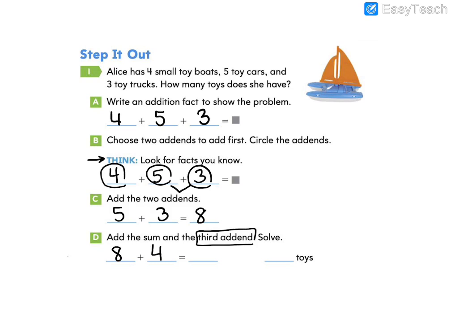I went ahead and counted up from 8, 9, 10, 11, 12. In total, Alice has 12 toys.